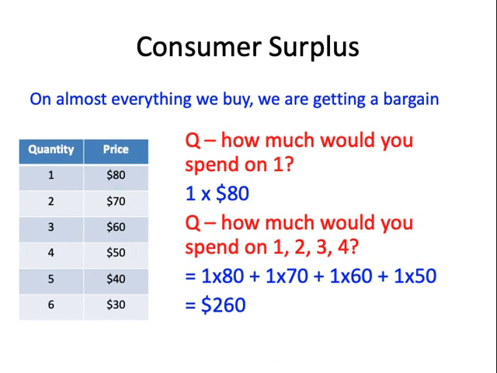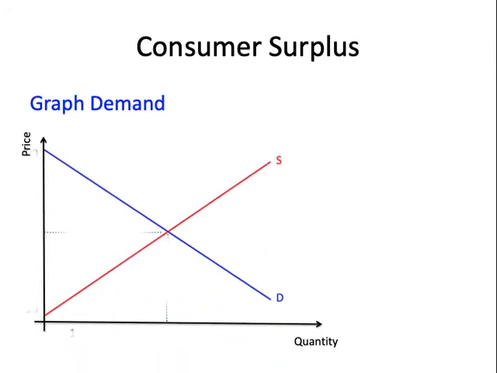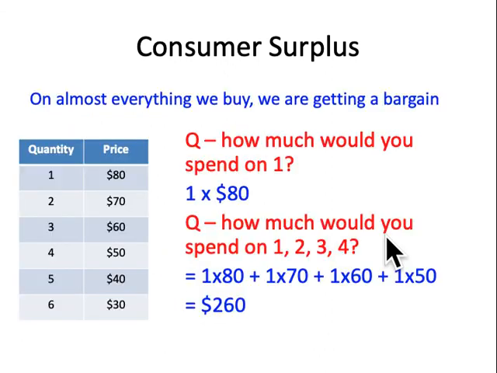So let's look at what the reality of the world tells us when we have competitive marketplaces. We're going to graph this demand curve. So 1, 2, 3, 4 on one axis, and 50, 60, 70, 80 on the other. So 1 is here, 2 is there, 3 is there, 4 is there. So this is the demand curve. Ignore supply for right now. I'm just graphing what this schedule tells me to graph.